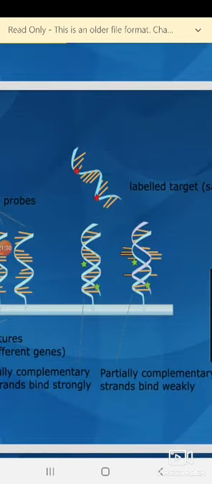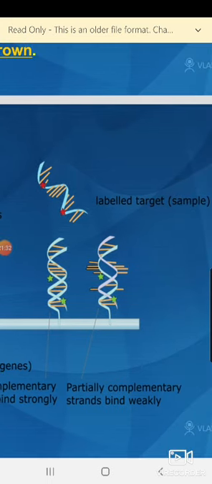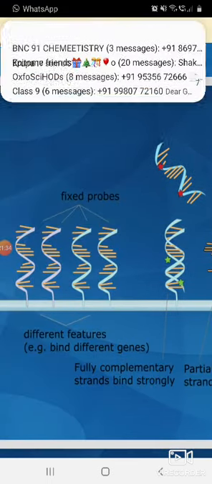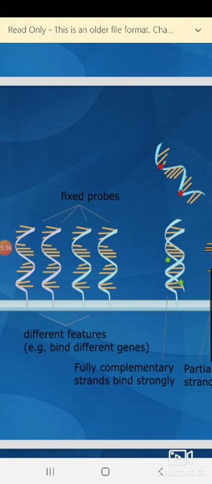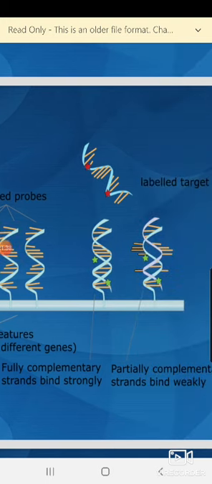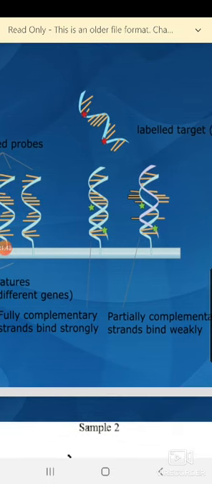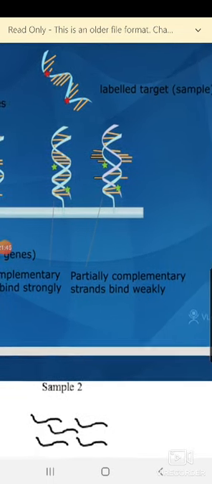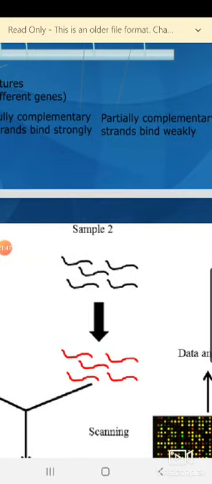But in this one, this is hybridized, but this is not hybridized. So many such probes you can fix. Maybe with one it is completely hybridized. For the second one, it is partially complementary, strands bind weakly. So during washing, that will go.